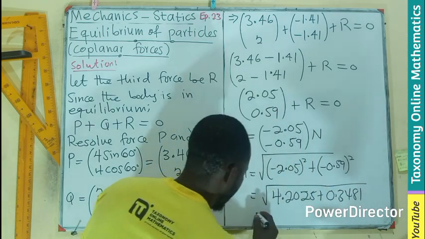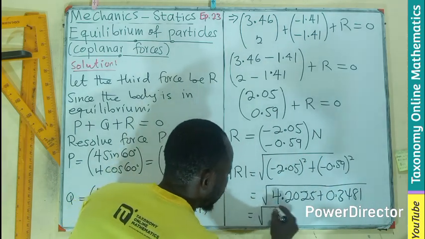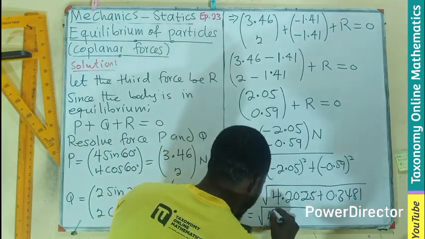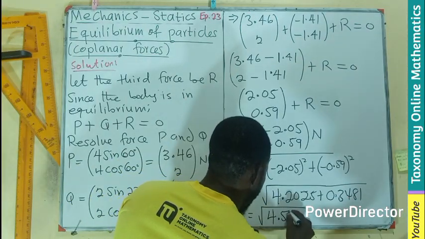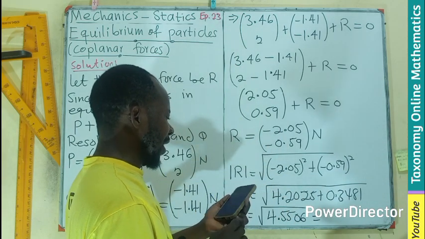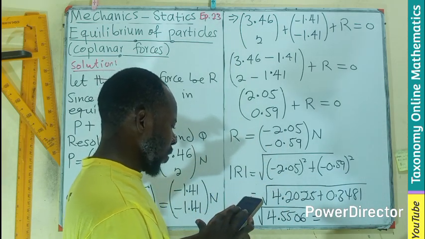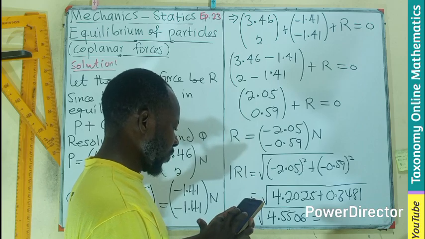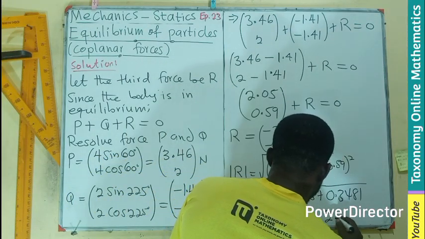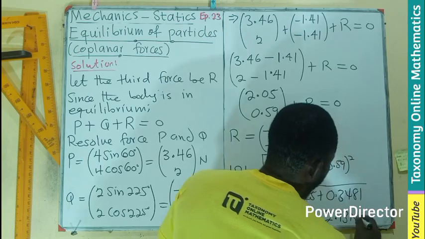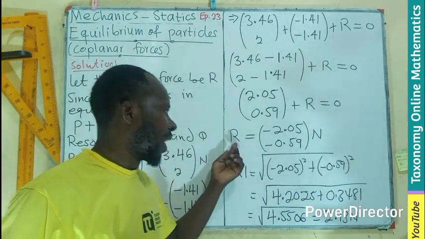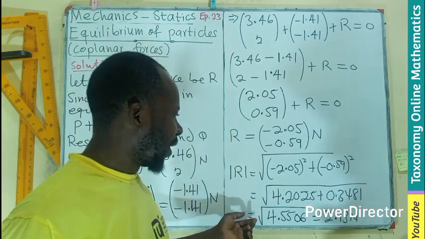Yeah. So let's put all together and see. We have 4.5506. Let's leave that under the root and see what that value will give us. So this will give you 2.13 Newton.